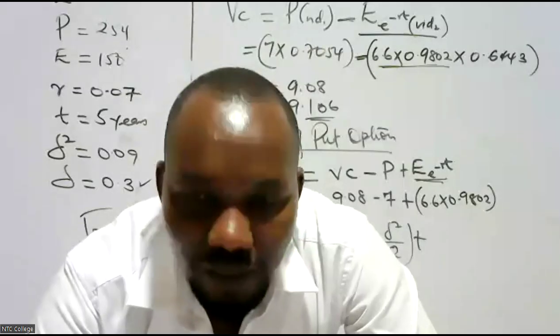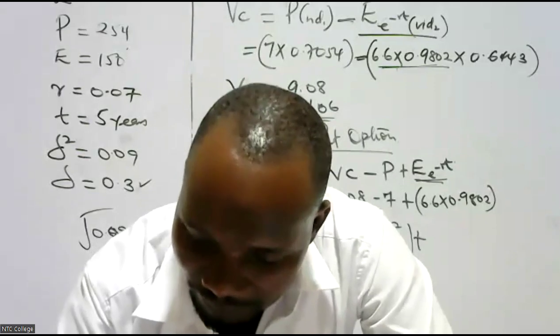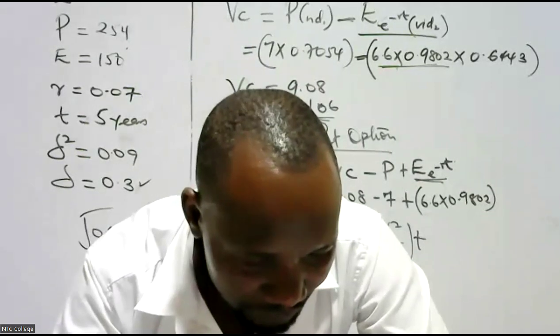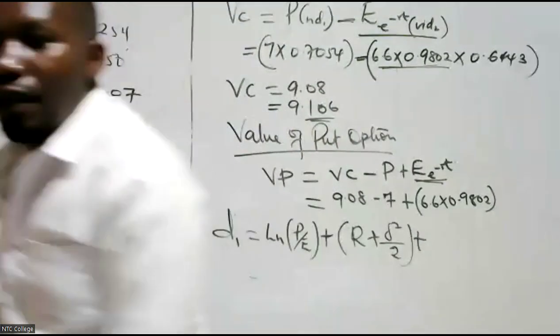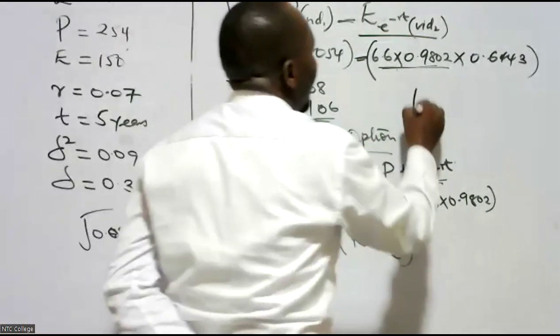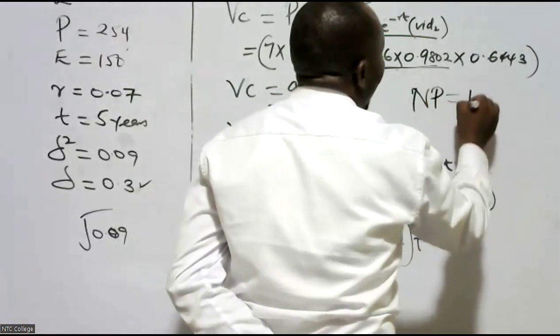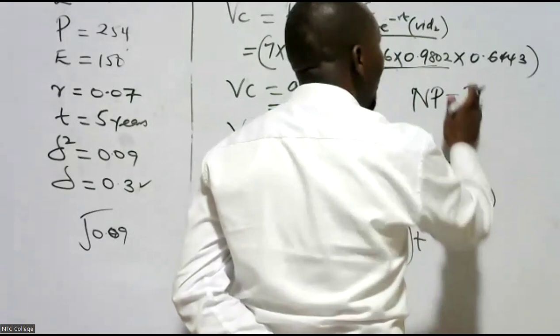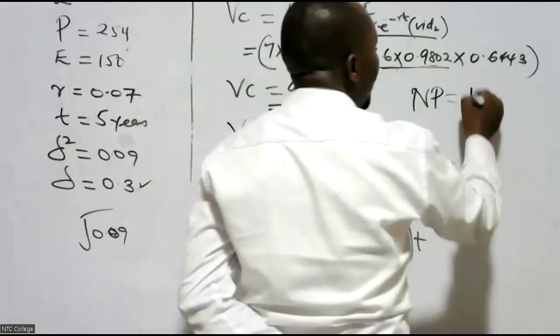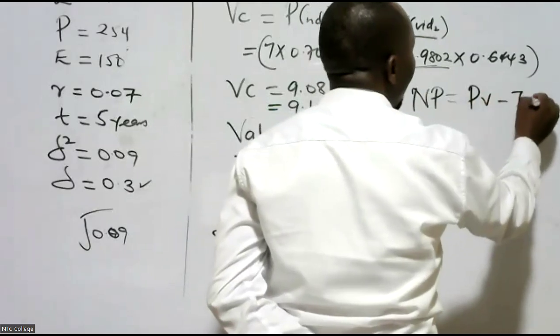So we start by getting, how do you normally get NPV? NPV is equal to present value minus IO.